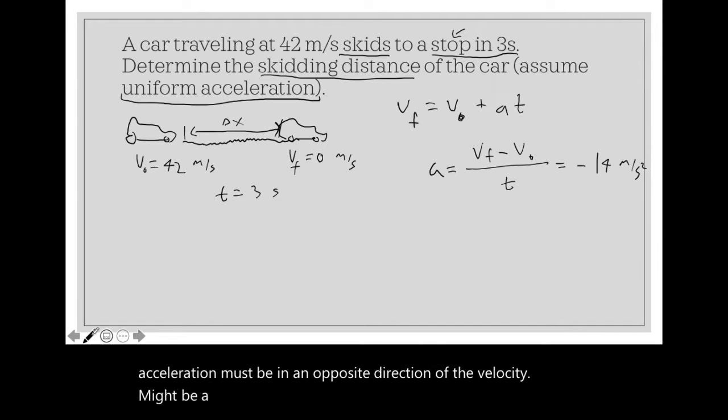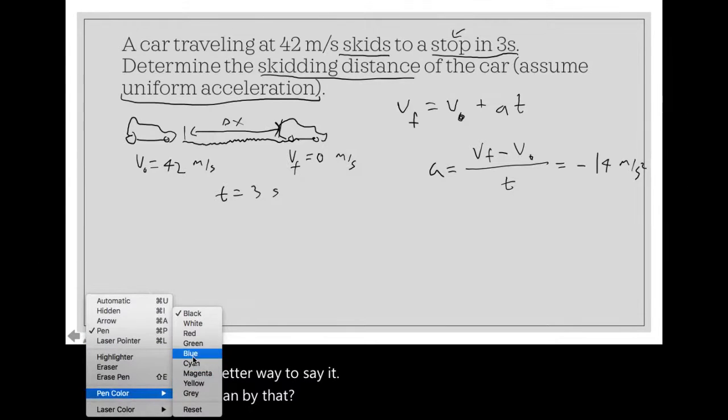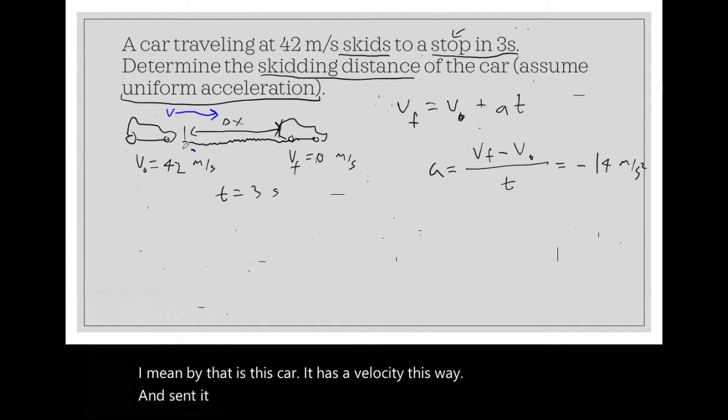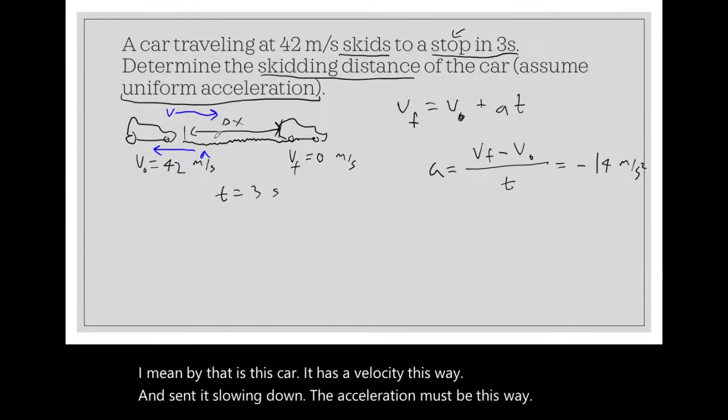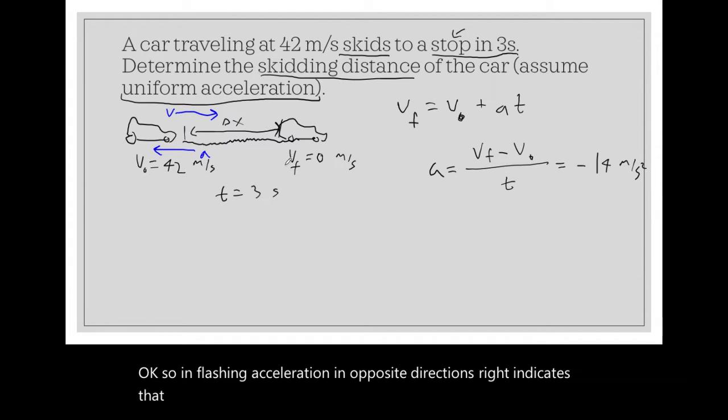Might be a better way to say it. What I mean by that is this car has a velocity this way, and since it's slowing down, the acceleration must be this way. So velocity and acceleration in opposite directions indicates that it's slowing down, and so it makes sense that we get a negative acceleration.